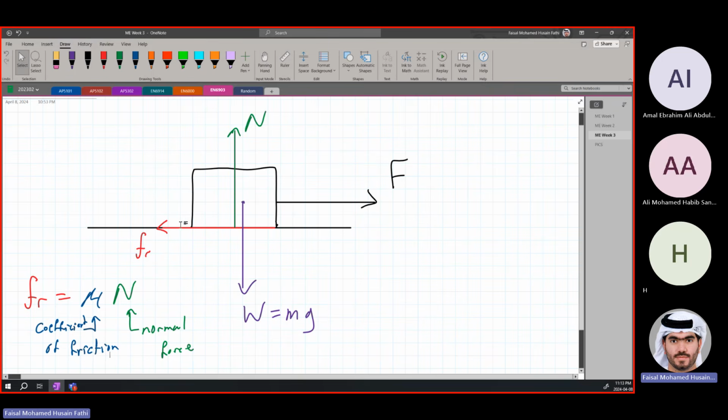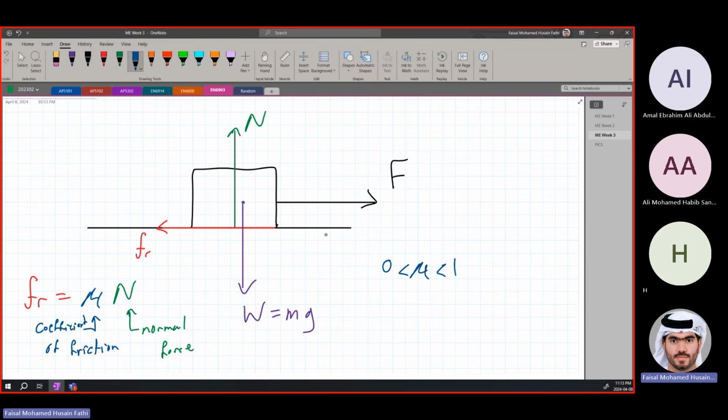If you have wood or iron or a road, in reality it has a very specific number between 0 and 1. So mu is always going to be a number between 0 and 1. And it is just a characteristic of any material that the box or item is sitting on top of.